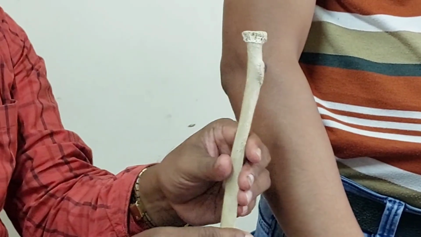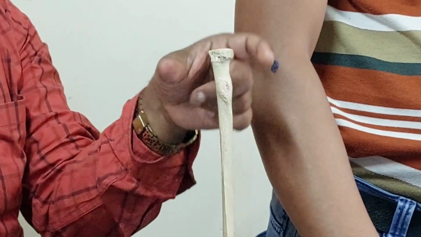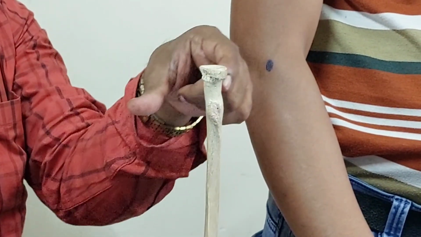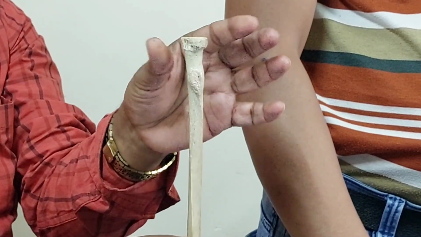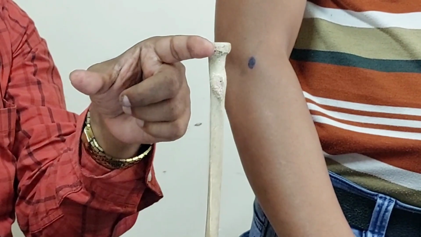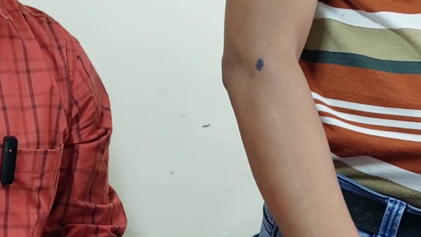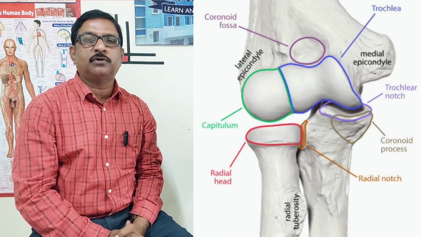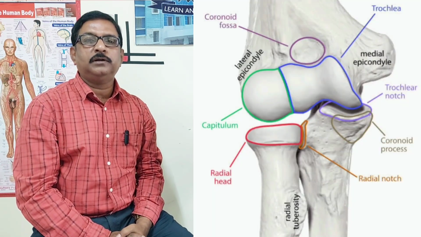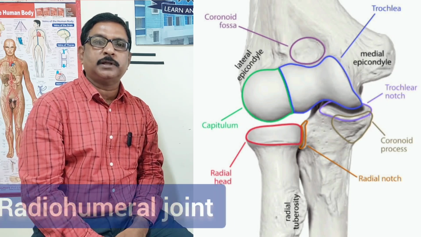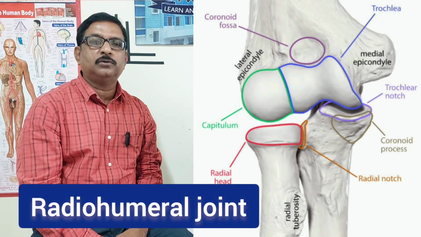The radius is the bone having the head, and it is cup shaped. This is one margin, and this margin of the head of the radius articulates with the ulna. The question may be, what are the joints formed by the head of the radius? Mainly two joints are formed by the head. One is with the humerus, forming the radiohumeral joint, which is a part of the elbow joint, and another is with the ulna.